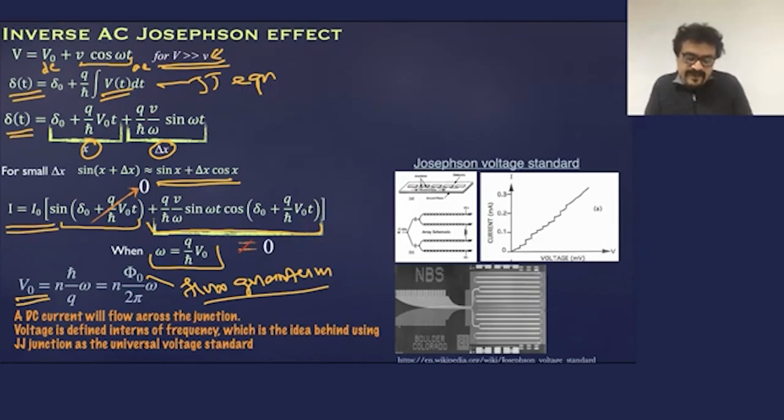So there will be DC current flowing through the junction whenever this situation is satisfied. Or if you keep the frequency constant and vary the voltage, whenever this situation is satisfied, you will get a spike in the current.